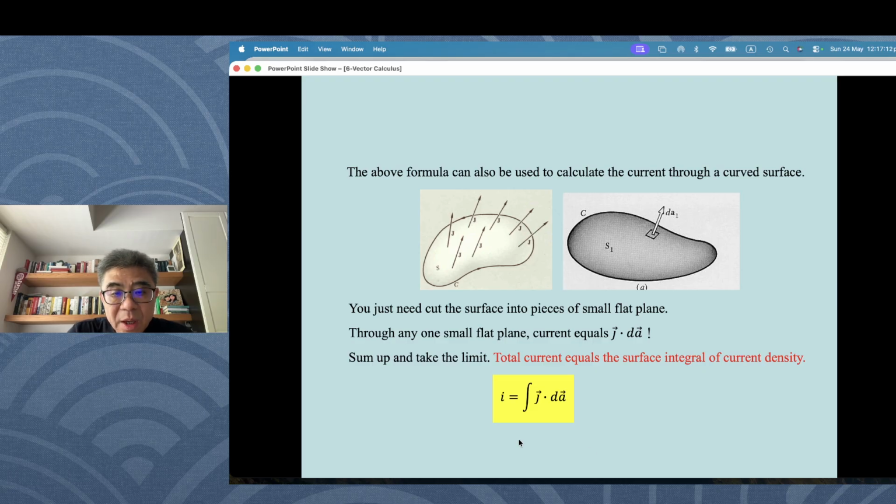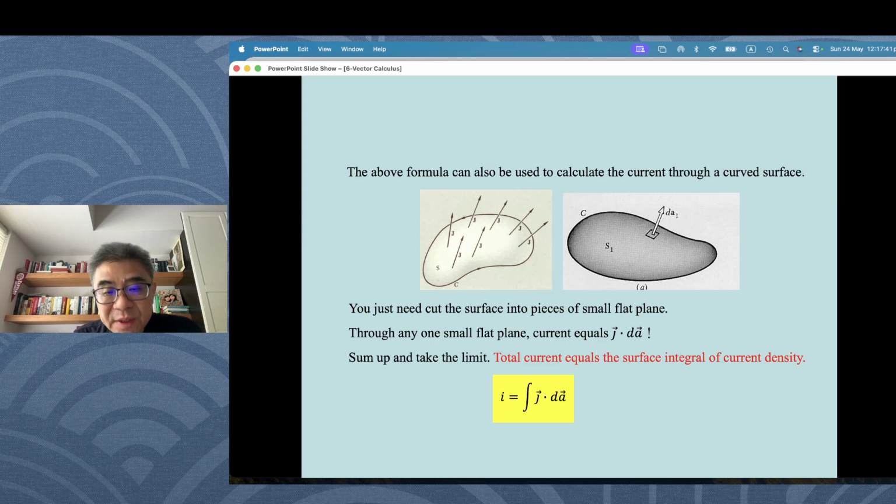And then sum them up together and, taking the limit as dA approaches 0, it becomes an integral, or put most precisely, a surface integral. So this formula is actually very useful. The current flowing through a curved surface is equal to the surface integral of J dot dA, the current density.